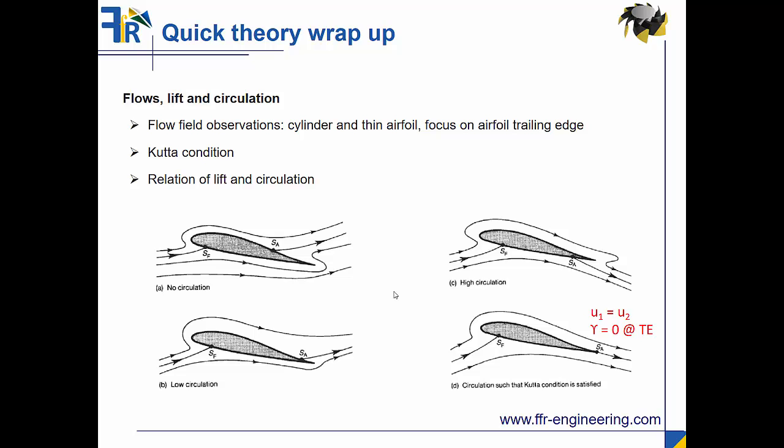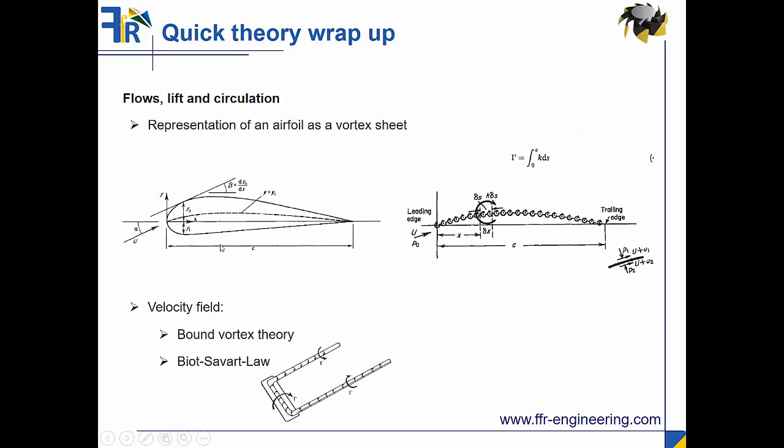So this is not what you aim for, of course, and especially not for the propeller. What you aim for is a flow pattern like this one here. And to end up here, you really need the right amount of circulation. What people sometimes do is vortex sheet modeling. They take the airfoil and replace it by looking only at the camber line, which is also here, and then assume a discrete number of vortices.